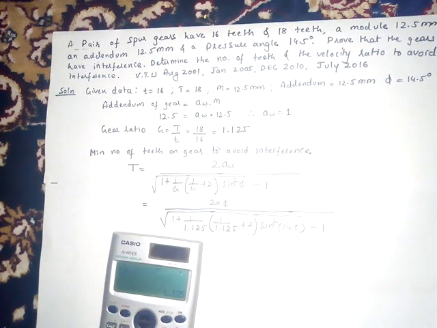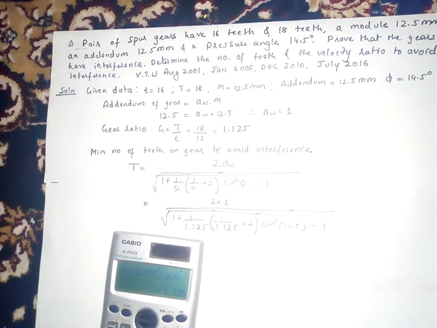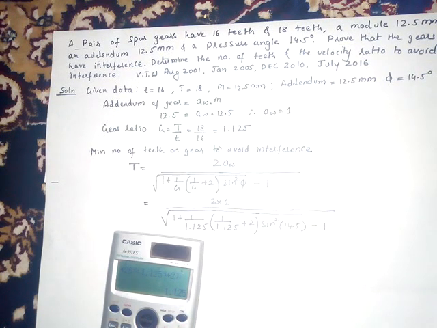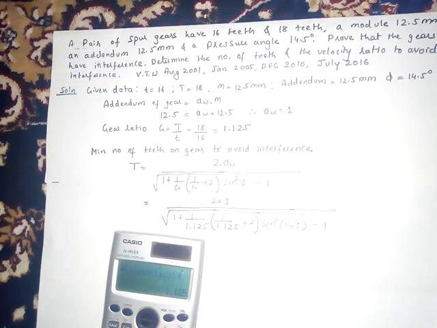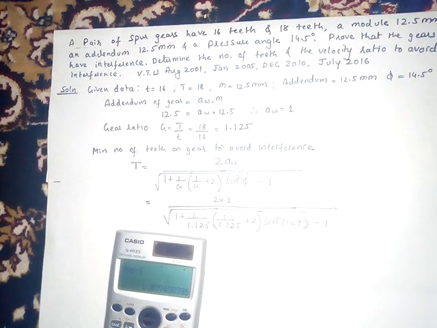I'll take square root of 1 plus 1.125 inverse into 1.125 inverse plus 2 into sine 14.5 square, under square root, minus 1, is this much.